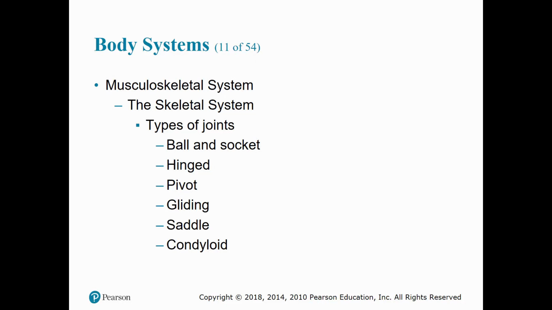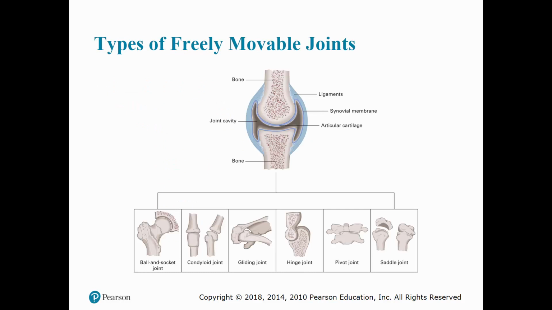It allows the hand to move up and down as well as side to side, but not to rotate completely. So here's your ball and socket joint, a condyloid joint, gliding joint, hinge joint, pivot joint, and a saddle joint.